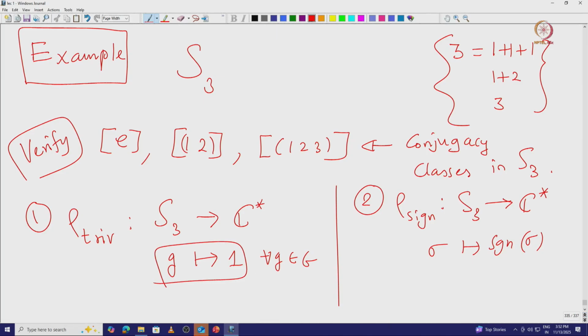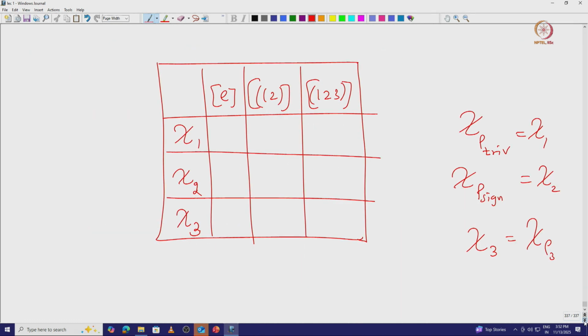So, basically the values of the images are going to be the trace. That means we get exactly 1 1 1 here, and for the sign representation it is going to be the sign of the given permutation. You can see that the sign of identity is just 1, the sign of (1 2), which is a 2 cycle, is -1, and the sign of a 3 cycle, being a product of even transpositions, is exactly 1.